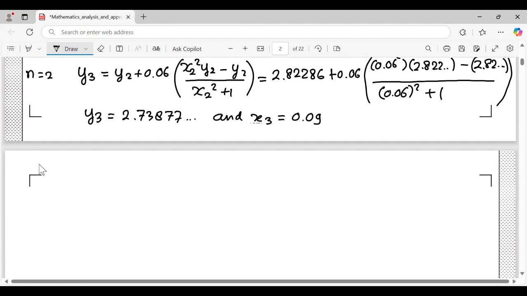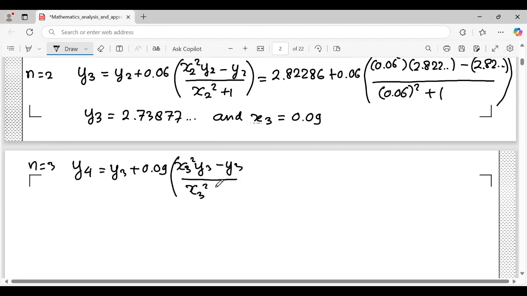Next, if n equals 3, it means y becomes y4. It's y3 plus 0.09 according to this information, times x3 squared y3 minus y3 divided by x3 squared plus 1.